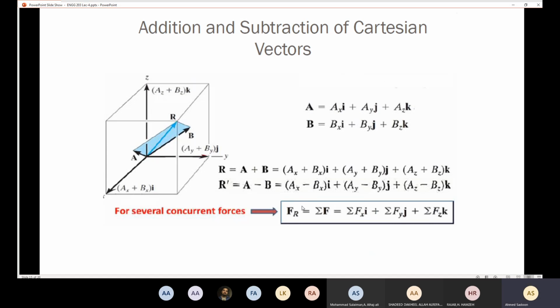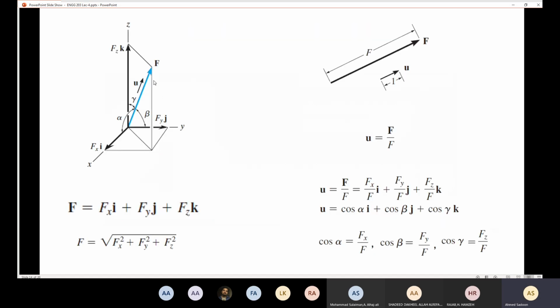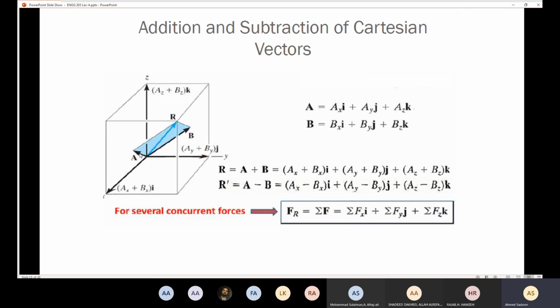Now, if we have more than one vector, here we deal with only one vector. What if I have vector A and vector B in 3D? We used to have two vectors, but it was in 2D. Now we need to sum two vectors in 3D.